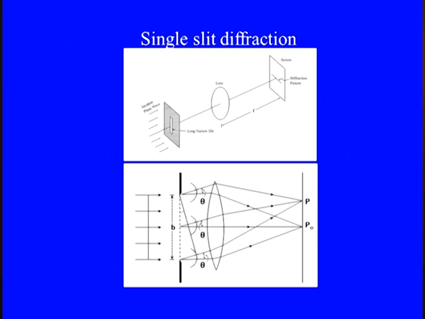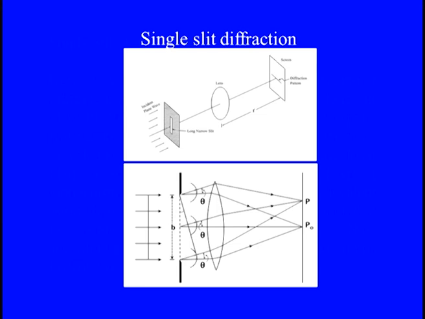When a plane wave front of monochromatic light of wavelength lambda is incident normally on the plane of the slit, its size is limited at the instant it occupies the plane of the slit.